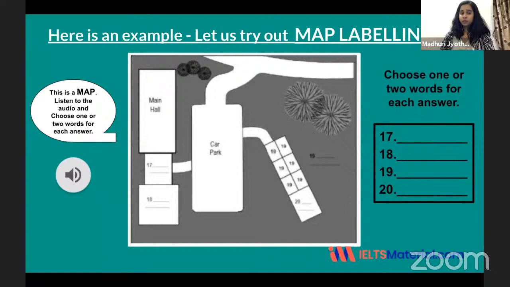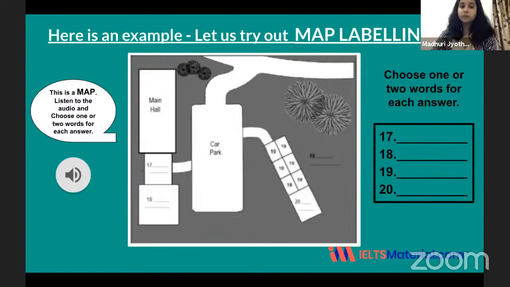One more thing to remember in the audio is that even though the numbers are given in a certain order, you have to follow the audio order. Your answer to 18 may come first, and then 17 might come later.